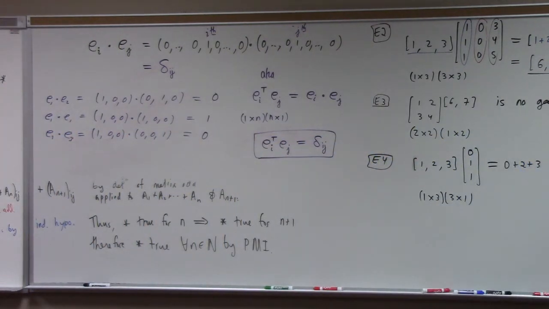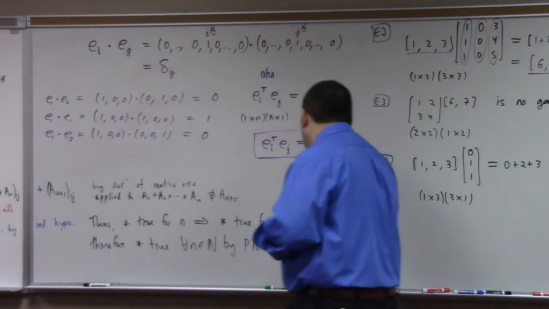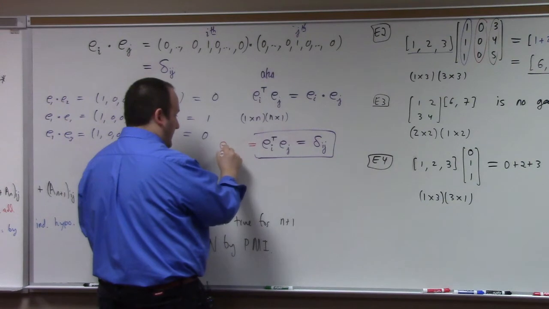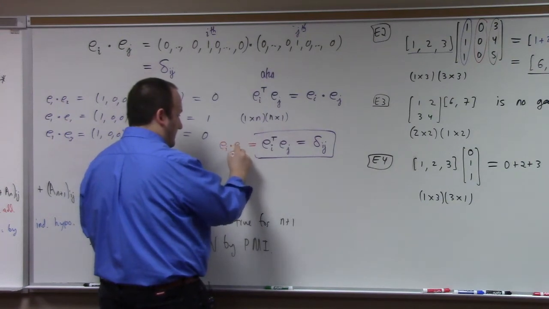But at the top we said e_i dot e_j equals the Kronecker delta ij. Why is one with the transpose and it equals the same thing? That's because this is also equal to e_i dot e_j.